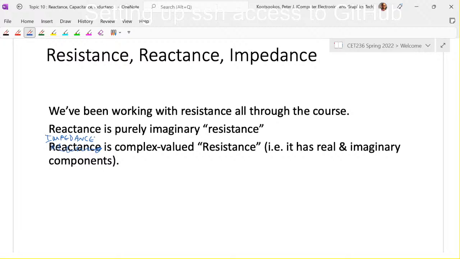I've been toying with the idea of teaching this course from scratch, never using the word resistance. Because what I'm going to be using now instead of resistance is impedance, because impedance is much more general and is more used in practice.